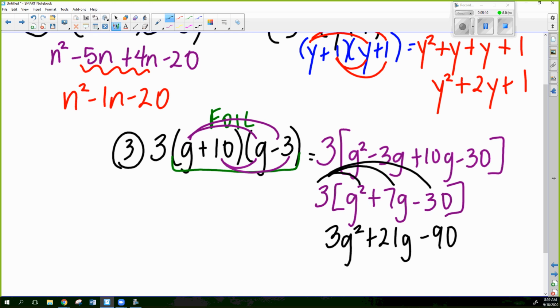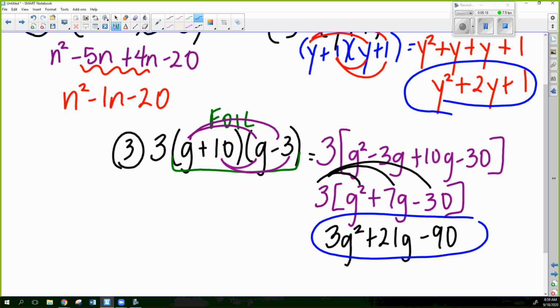Okay, so then what we're getting ready to do is start with this sort of answer. That's called a trinomial, and turn it back into those double parentheses that we started with when we FOILed. Now, can you check your work? Can you always check your work when you factor?